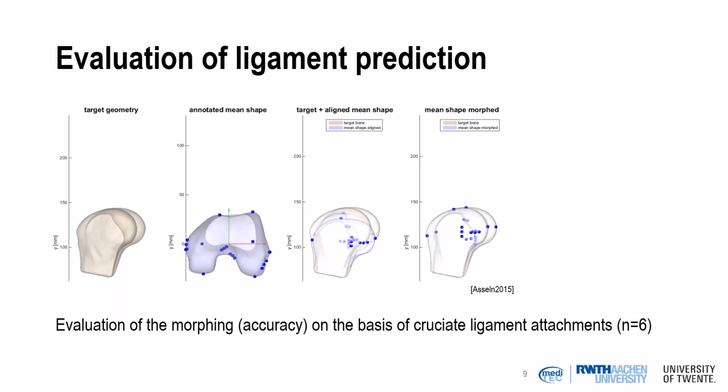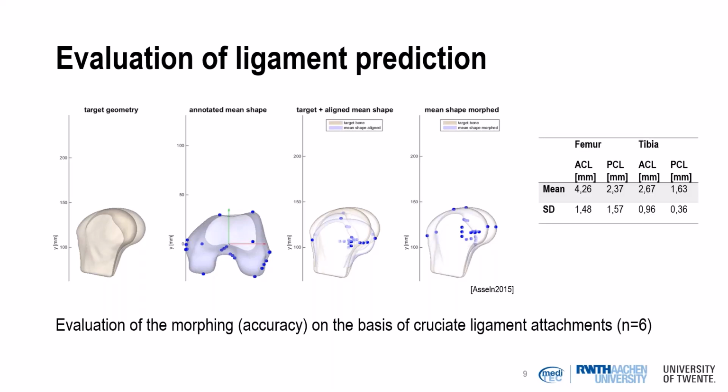So we used a non-rigid ICP implementation for that, following Amberg et al., to do a non-linear transformation of this mean shape to a target shape. And thereby, again, we propagated the landmarks.